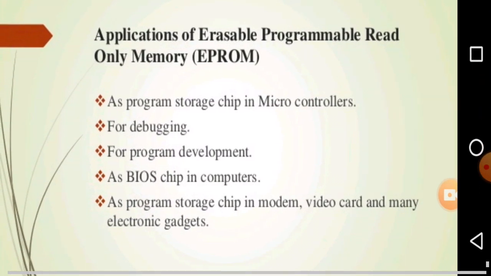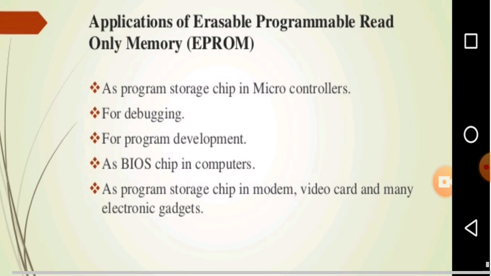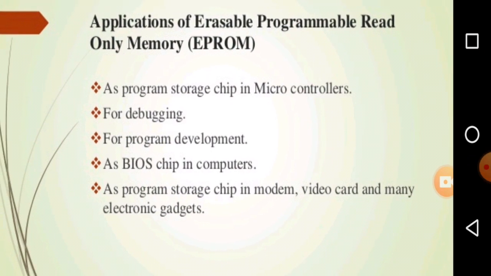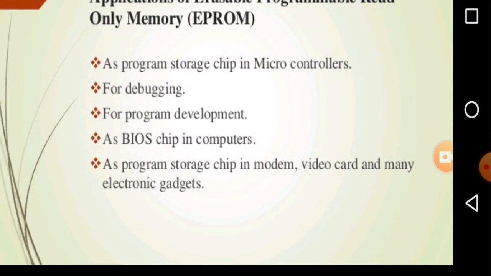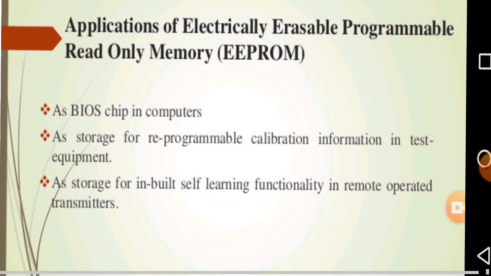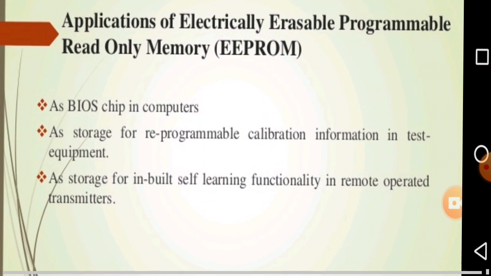As program storage chip in microcontrollers for debugging, for program development, as BIOS chip in computers, as program storage chip in modems, video cards and many electronic gadgets. So these are also some applications of ROM.